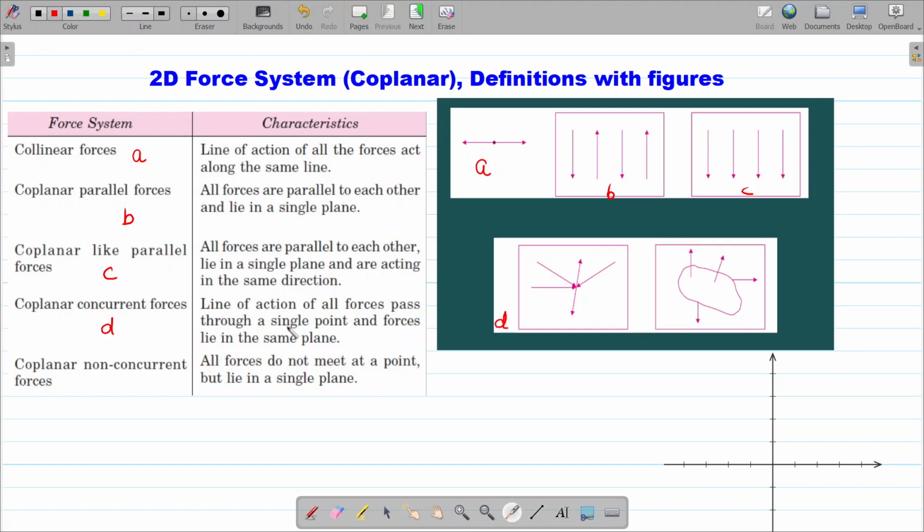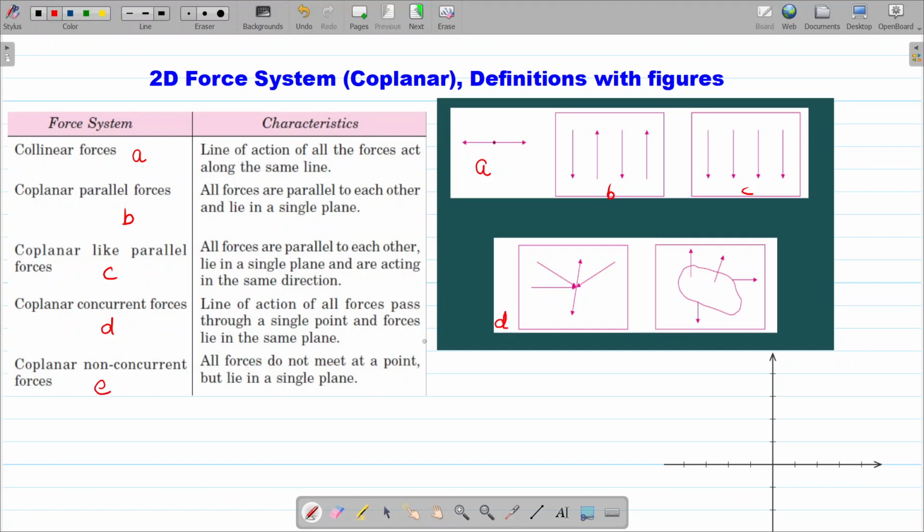So if you look at it, this force, this force, this force, this force, and this force are all converging on this point. They are not only converging on a single point, but also lying in the same plane, so they are called coplanar concurrent forces, and this is the definition. Now let's go to the other one.